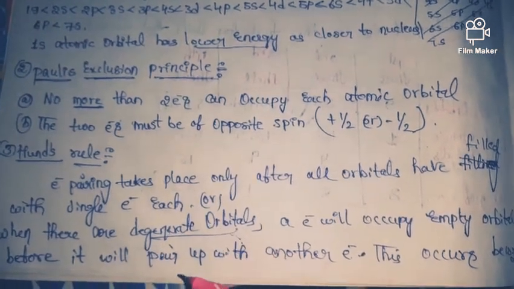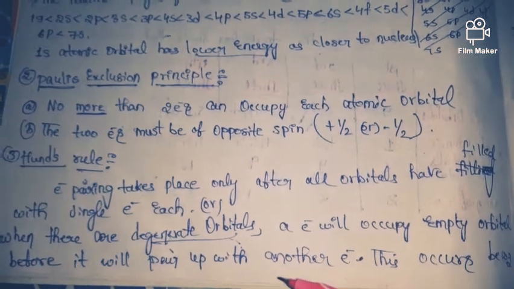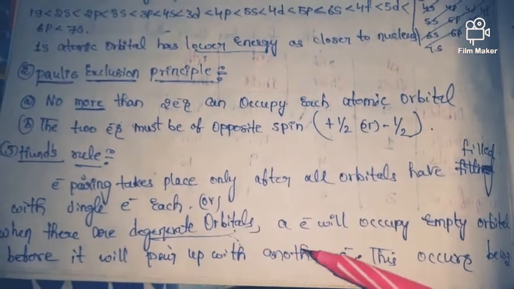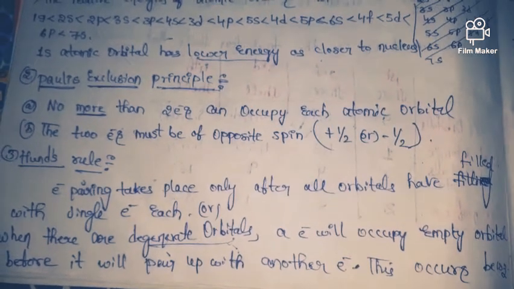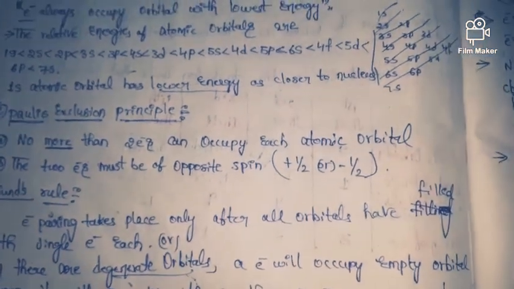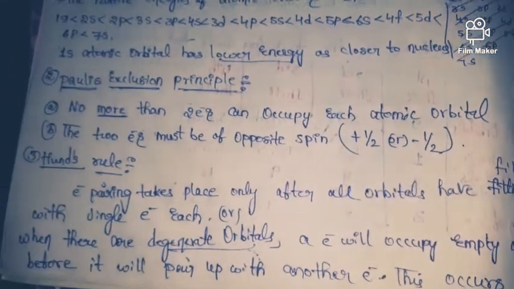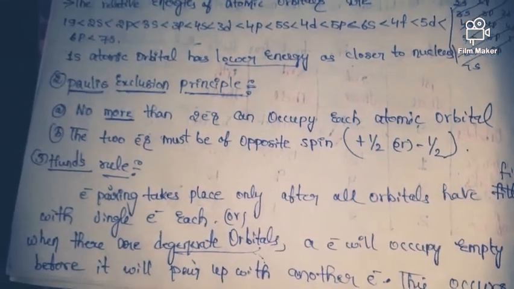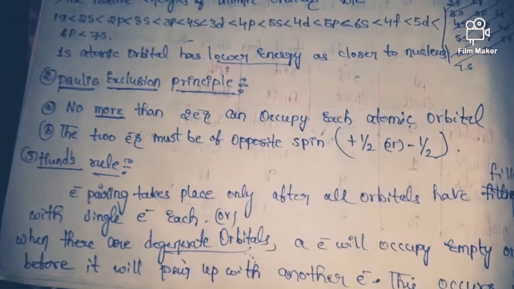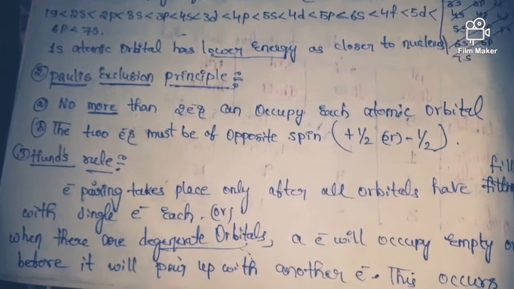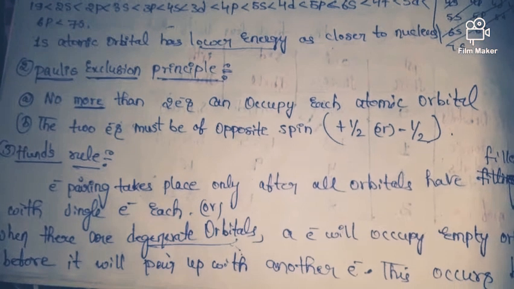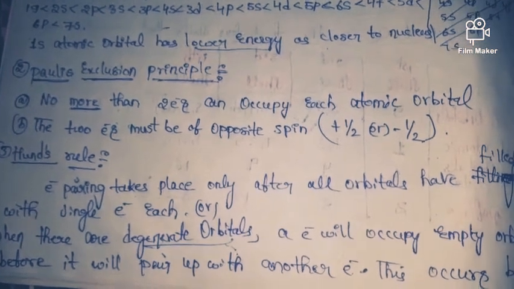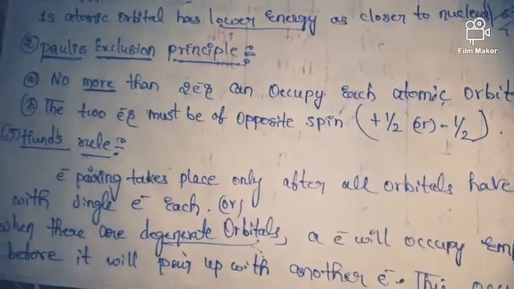So instead of pairing up with another electron, the electron occupies the empty orbital. This occurs because energy is required to pair up the electrons, no? So instead of pairing, the first electron enters the empty orbital. After all the orbitals have been filled with a single electron, then only the pairing occurs. This is Hund's rule, friends.